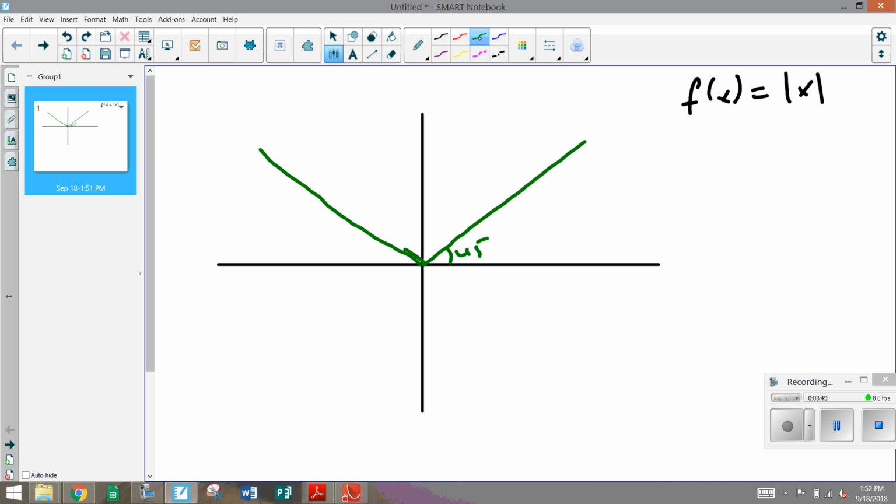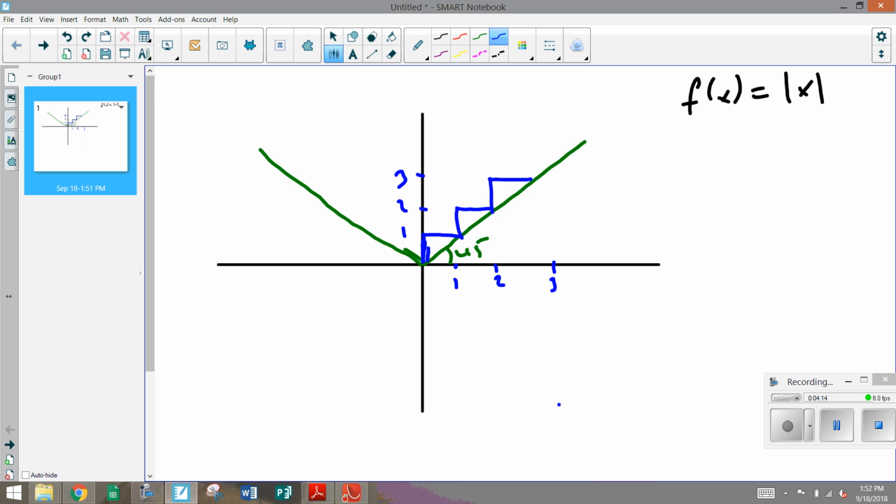What else can I talk about? This is 1, and there is 1, 2, 3, and 1, 2, 3. So that's rise, run, rise, run. What does that remind you of? Slope, right? So what is the slope here?